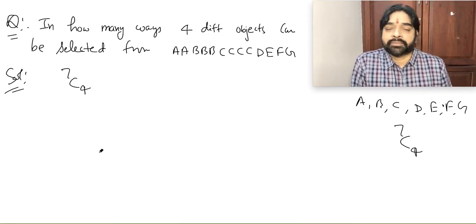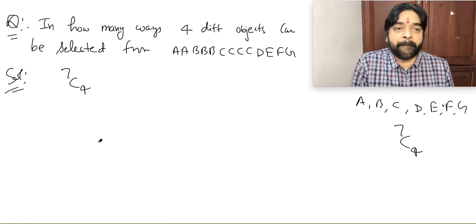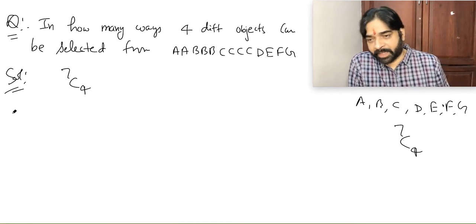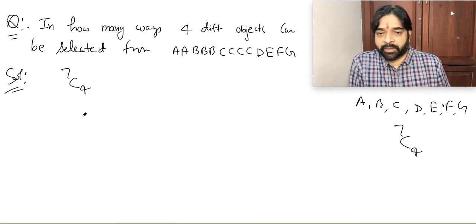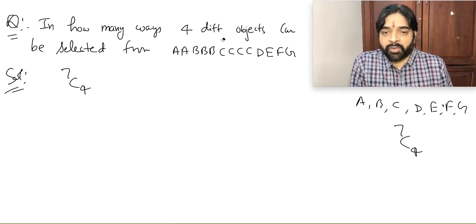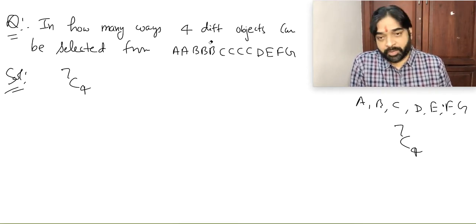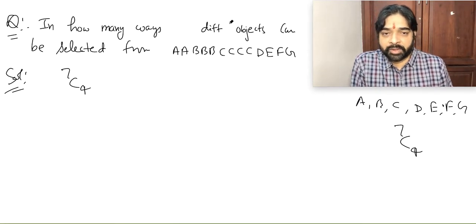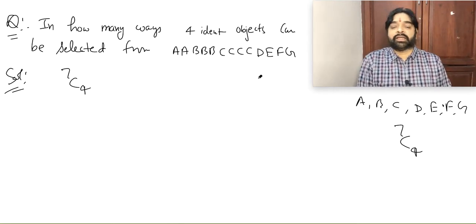Yes or no? Is this clear to everybody? Next. We'll do the same thing. 4 different, okay. In how many ways can I select 4 identical objects from this?